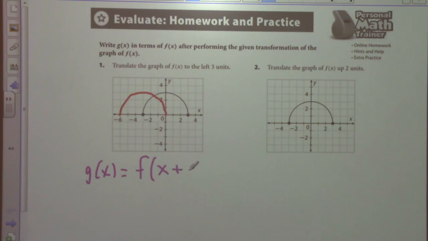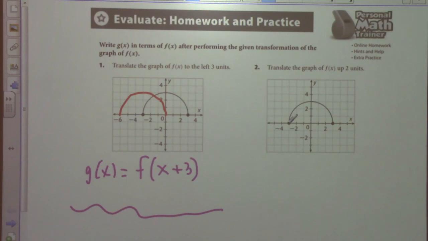Yeah, so Gabby, is that right? Yeah, so that's going to be f of x plus 3. And again, all of them really test with your calculator to make sure that's the case. So you could take a parabola and then put x plus 3, you'd see this thing shift to the left, all right?